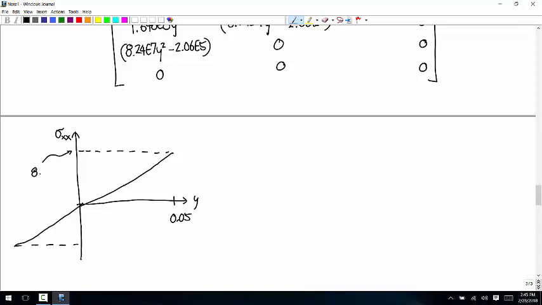Okay, so this is 8.24 times 10 to the 6. So this one is negative 8.24 times 10 to the 6. And then let's do the same thing for the shear stress.